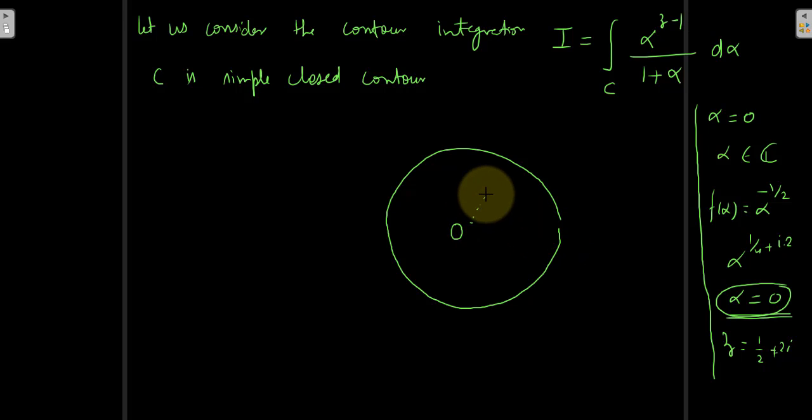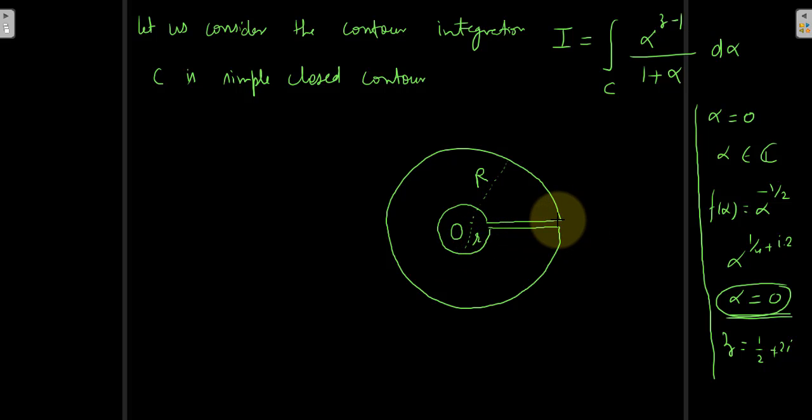Suppose the radius of this circle is capital R. Now what you do now is have something like a branch cut, and then form another small circle. Okay, now suppose this small circle has radius say small r, right? So this bigger circle has radius capital R, and this small circle has radius small r, right?